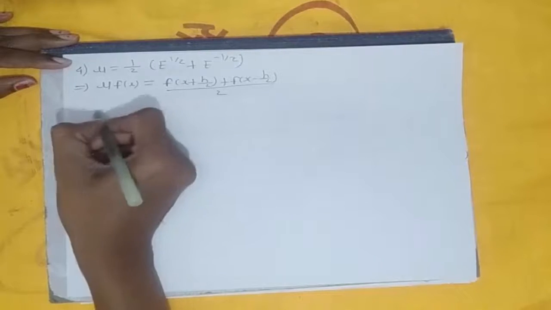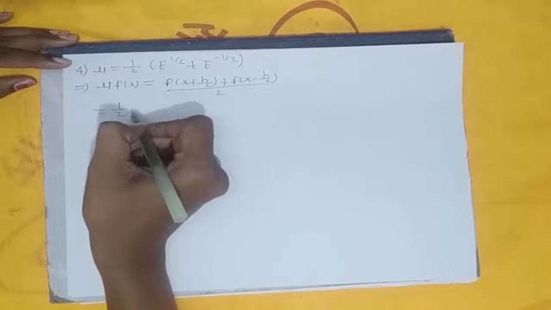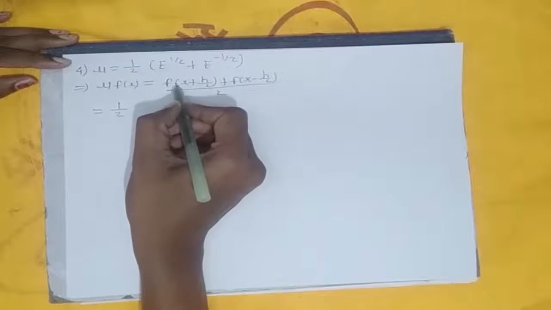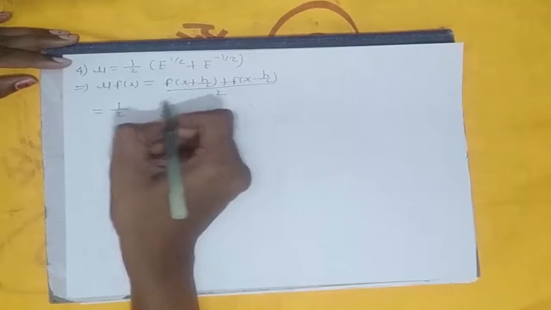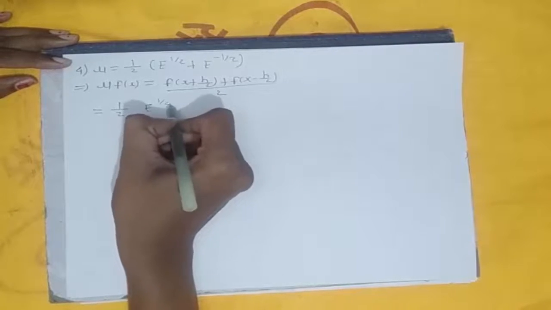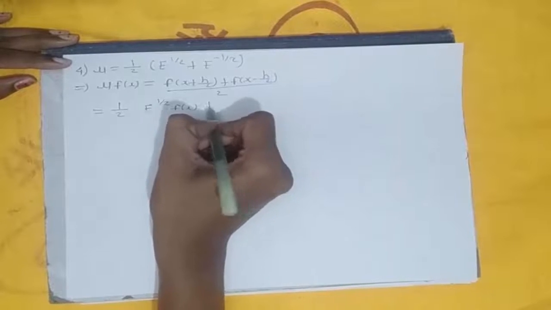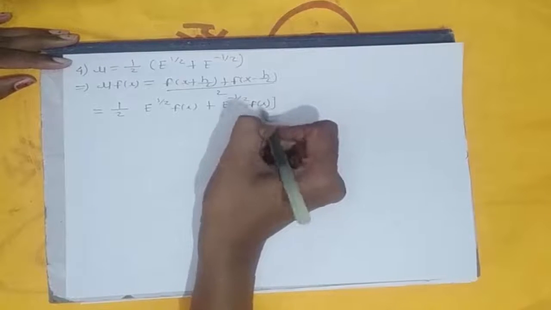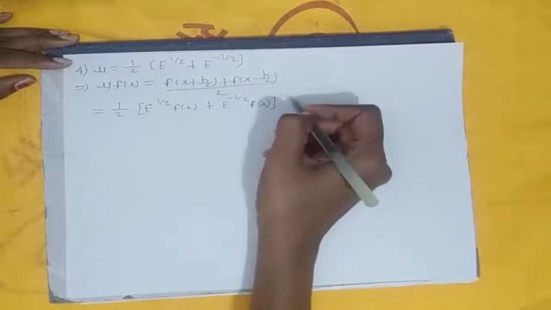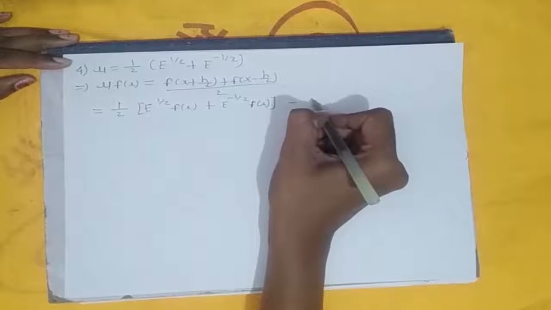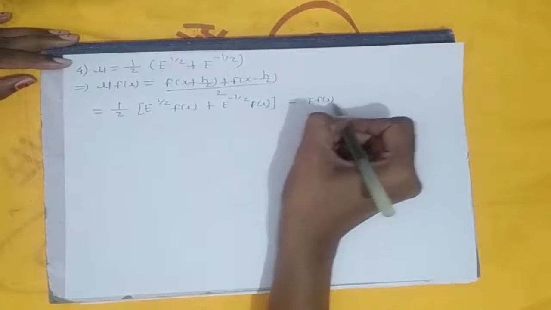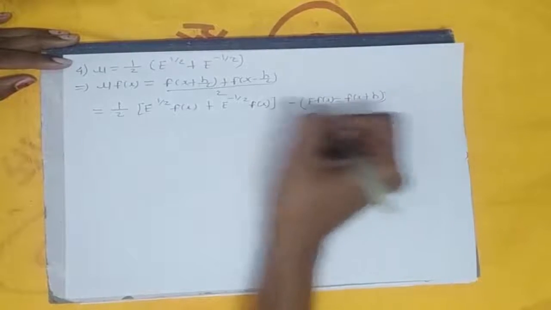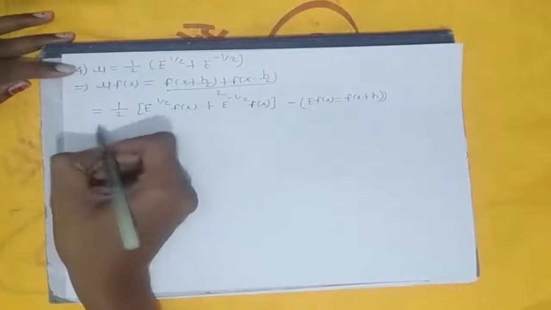Okay, so it is equal to, we can take 1 by 2 here, and again we apply the definition of the shift operator. We can write instead of f of x plus h by 2, e raised to 1 by 2 f of x, plus e raised to minus 1 by 2 f of x. Okay, 1 by 2 we take outside, e f of x is equal to, we know that f of x plus h. So using this definition we can write this.